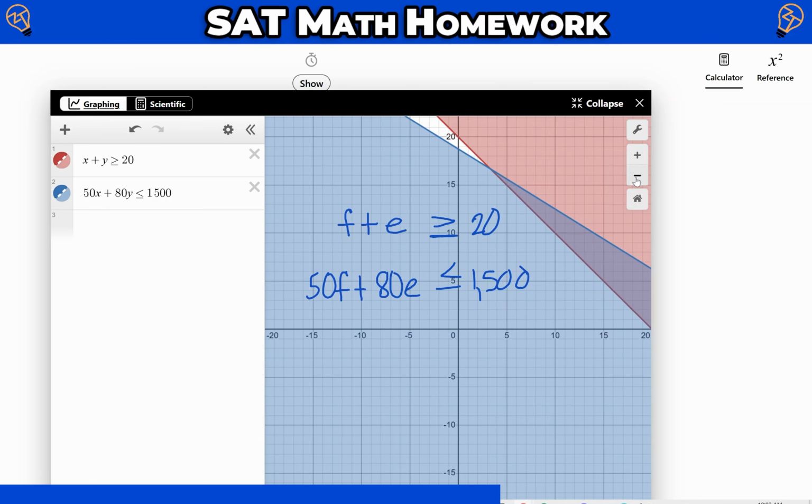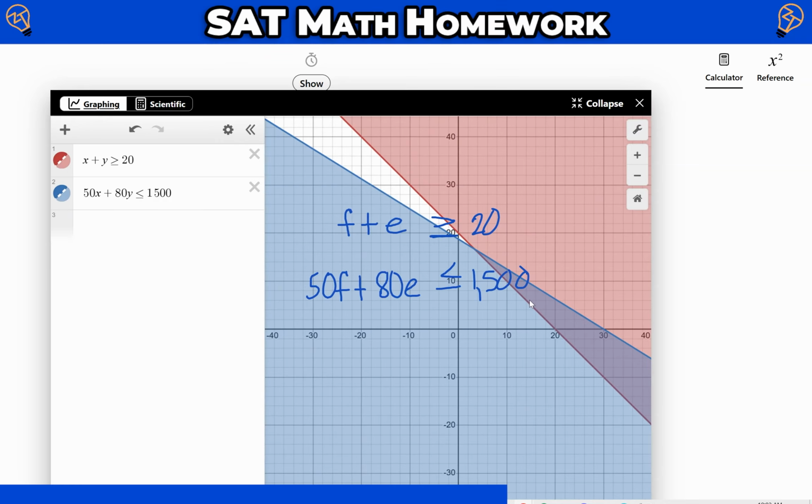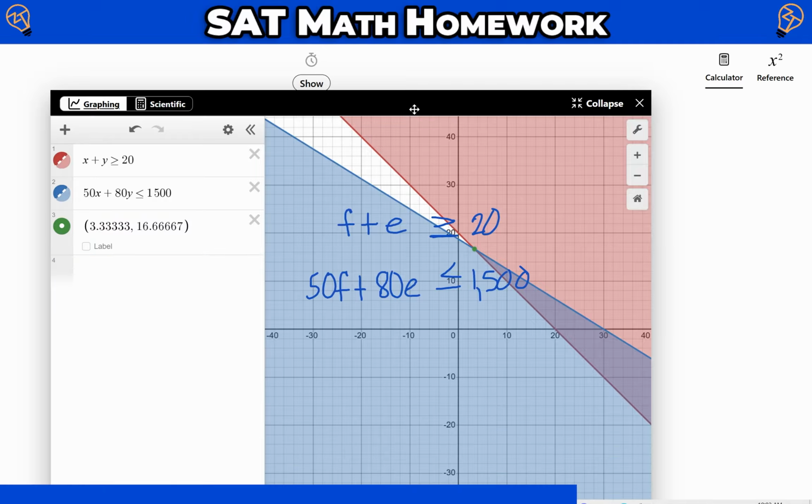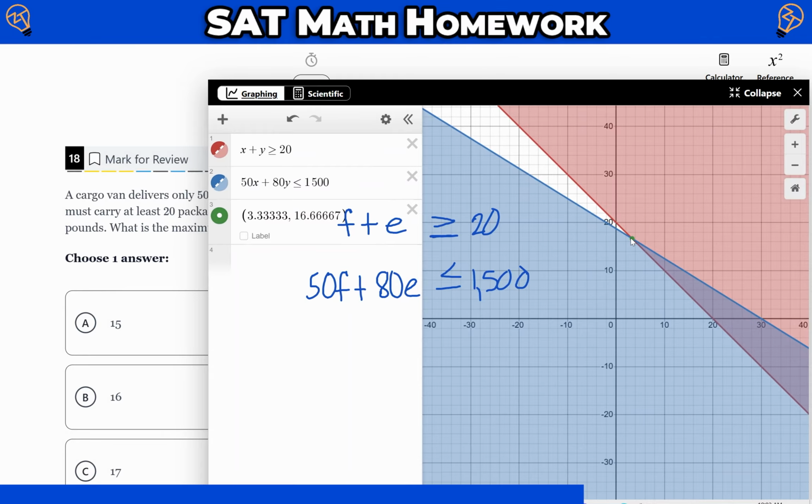So let me come out here, and we can see the intersection is this portion here. Let's look along the y-axis, and even go to this point of intersection right here, which is 3.3 repeating and 16.6 repeating. So if we're looking for what y coordinate is in the shading of both, notice if you go higher than 16.6 repeating, you'll be in just the red.